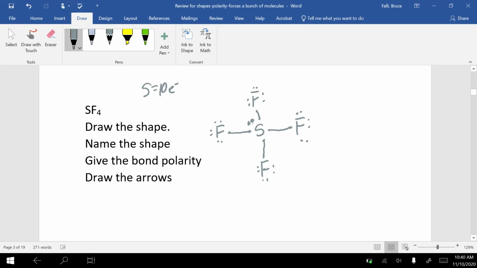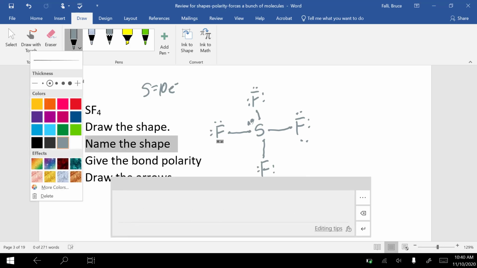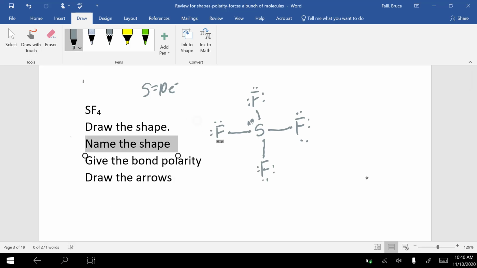So now I've got to name the shape. And the shape that I'm going to name it is, it's got 5 regions this time. So 5 regions is based on trigonal bipyramidal. But it has 1 pair.